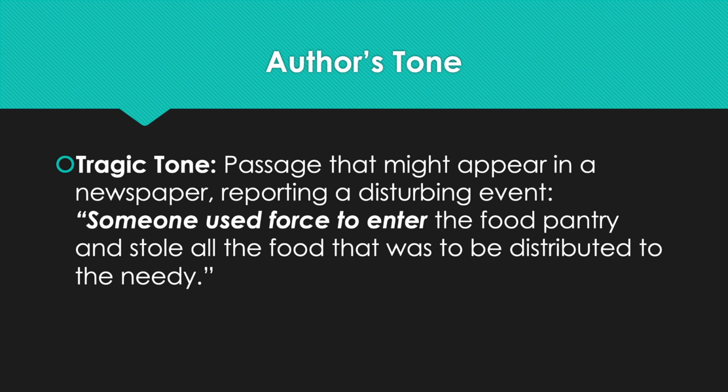You might also read a passage in a newspaper that has a tragic tone, such as, we are now entering the second month of the government shutdown. Furloughed workers are struggling to pay their bills and to buy food.